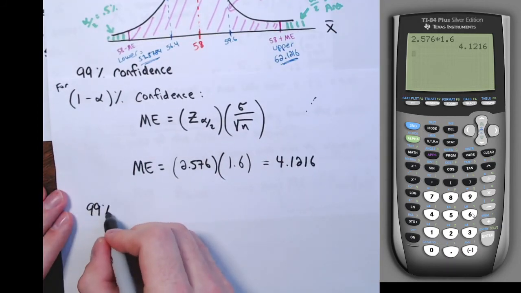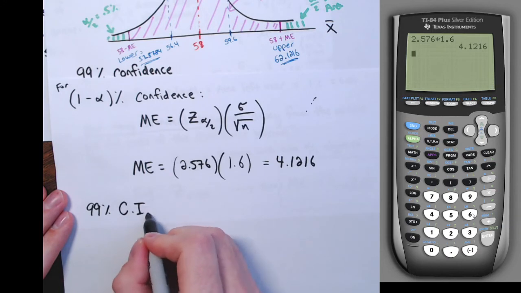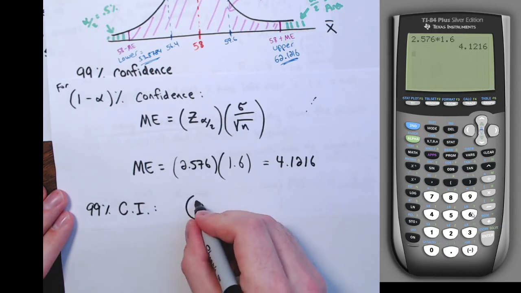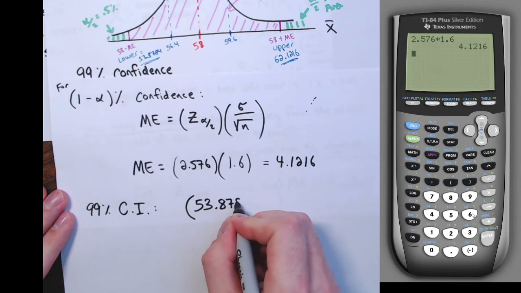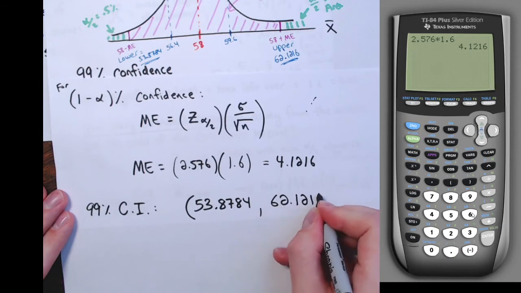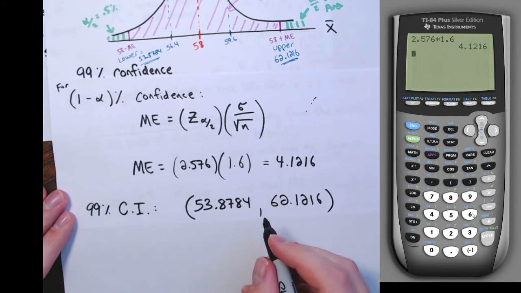I'll write those values down here. 99% CI, for confidence interval: 53.8784 to 62.1216. Remember, these were inches.